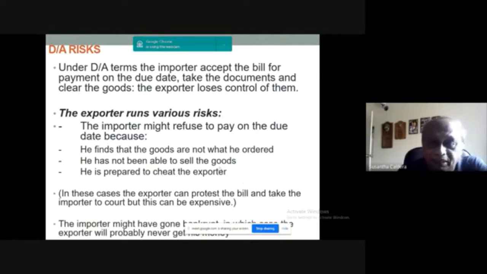The importer might have gone bankrupt, and because of that, the exporter will probably never get the money. All these things can happen.